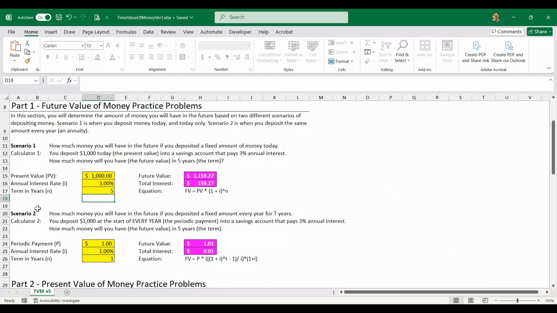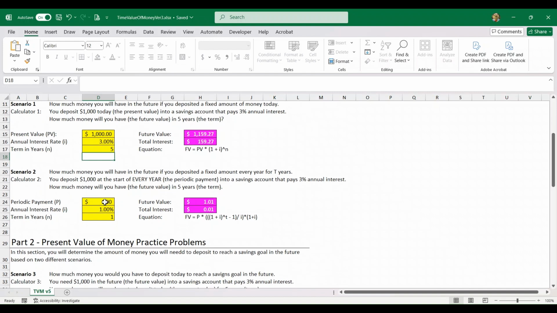Scenario 2 is slightly different. Scenario 2 says, well, what if I deposit $1,000 every year? So what this says is I deposit $1,000 at the start of every year for a certain number of years. How much money will I have at the end of that time period?